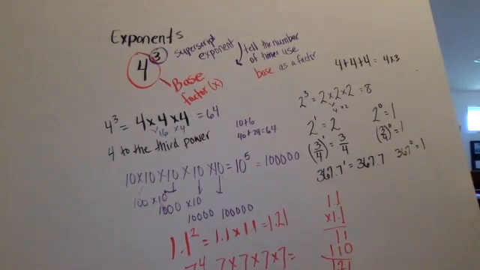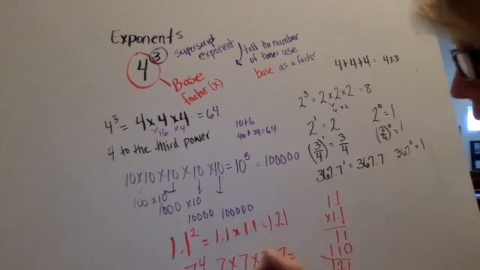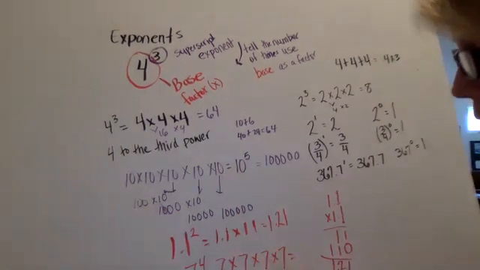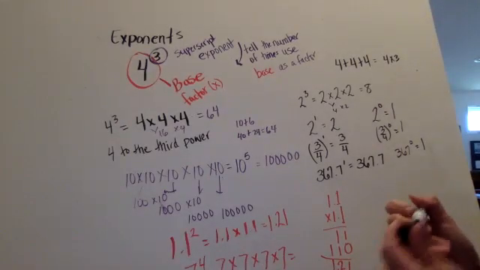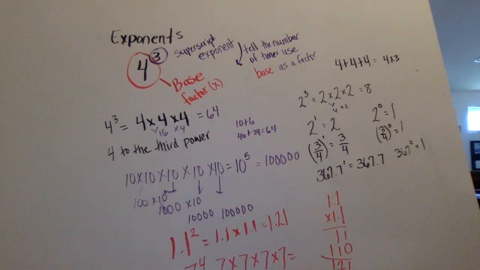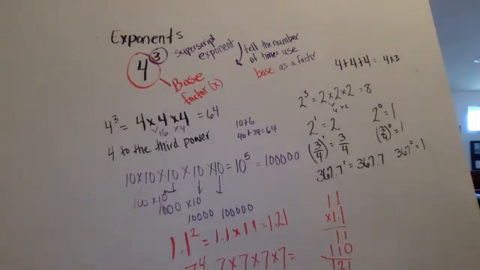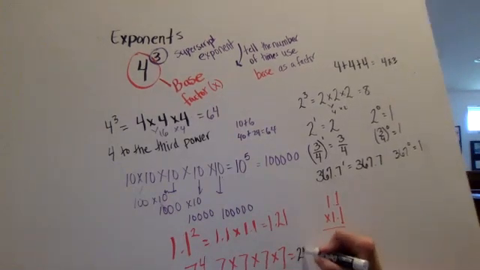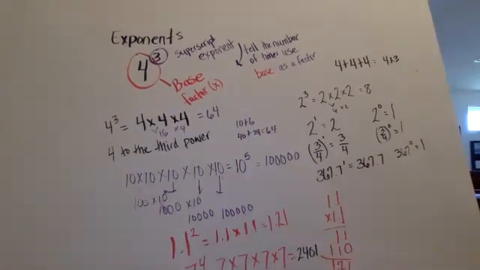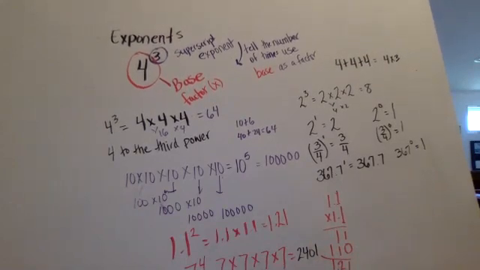And now I'm thinking about, okay, how can I simplify that? 7 times 7 is 49, and this 7 times 7 is 49. So it's really 49 times 49. It's going to be a big number. 49 times 49 is 2,401. Okay. So that's a good one.